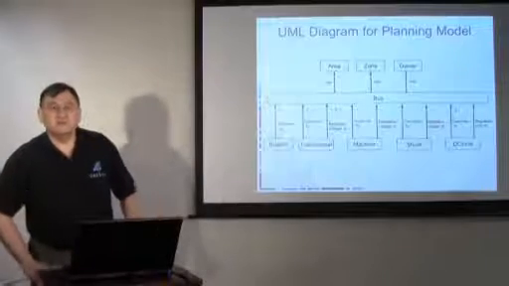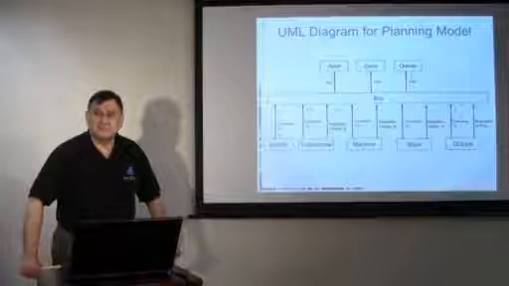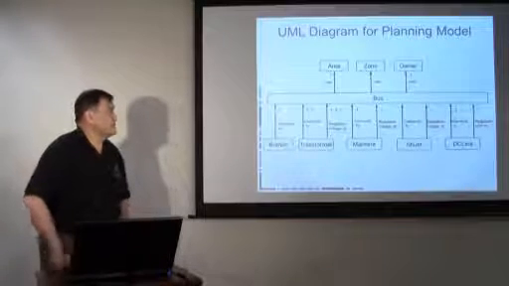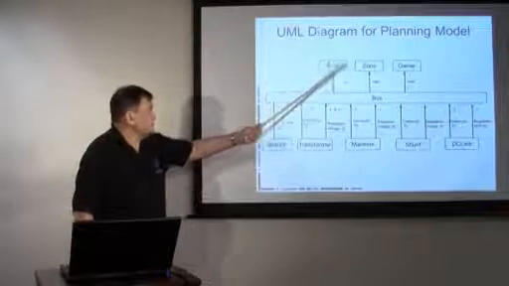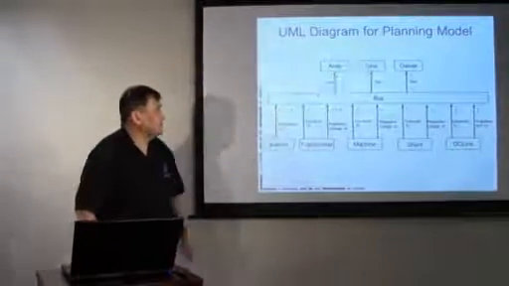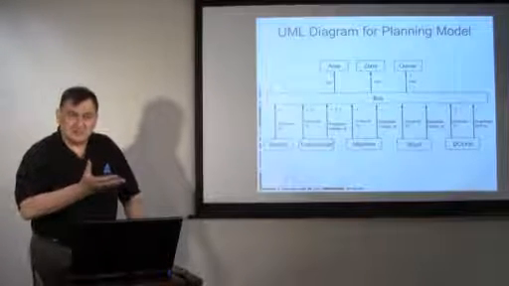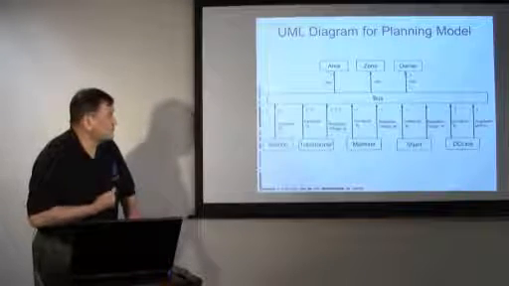So here, for example, is a UML diagram for a power system planning model. What we see here are a number of different entities. An object, which is the rounded rectangles, is a thing which is important to model the system, and it's something that the customer needs to relate to.